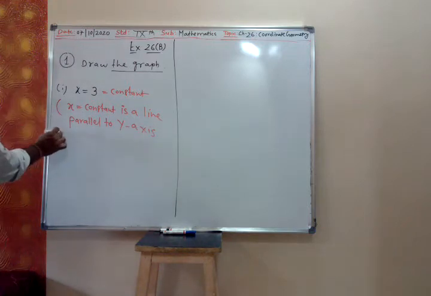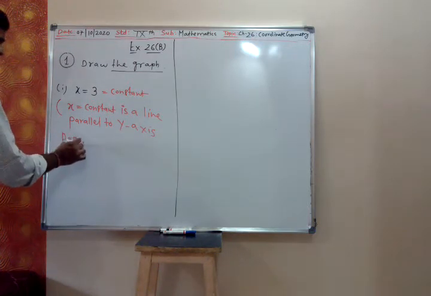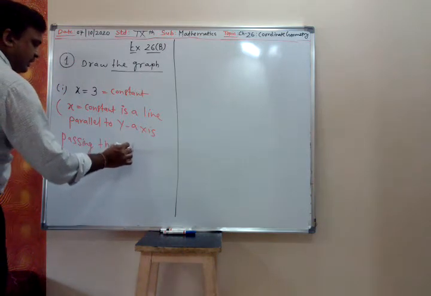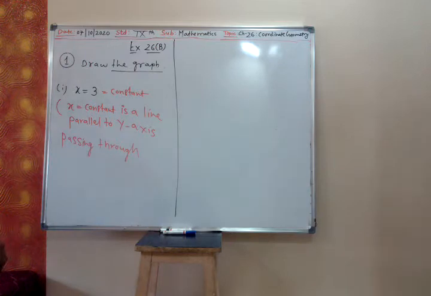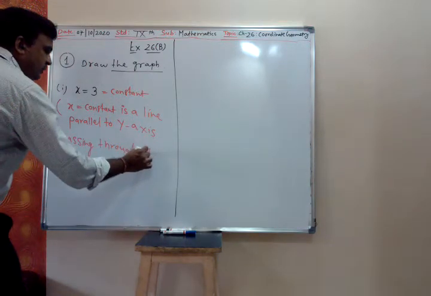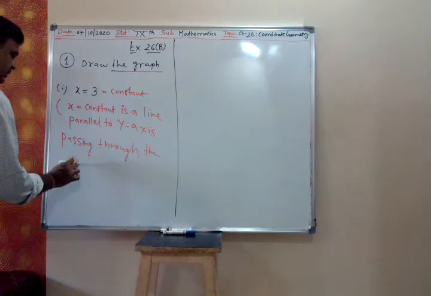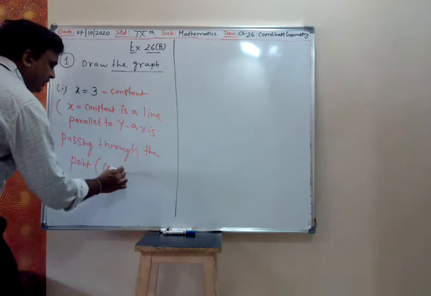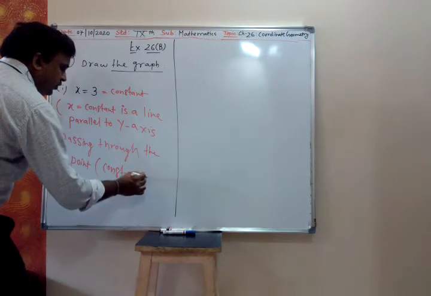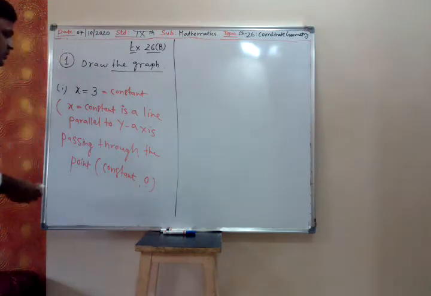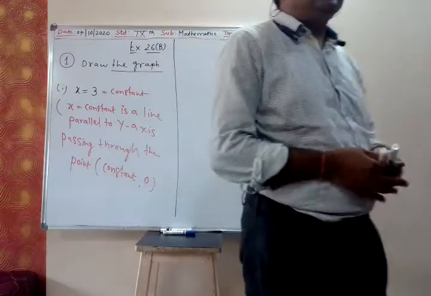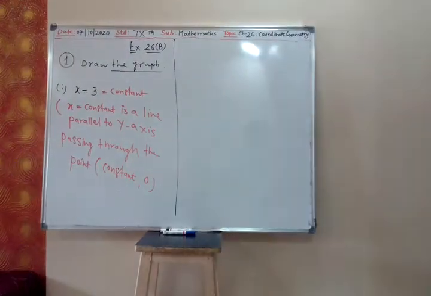Parallel to y-axis, passing through the point (constant, 0). Y coordinate will be 0. This you write because this is the basic concept which I will not be writing for other problems.